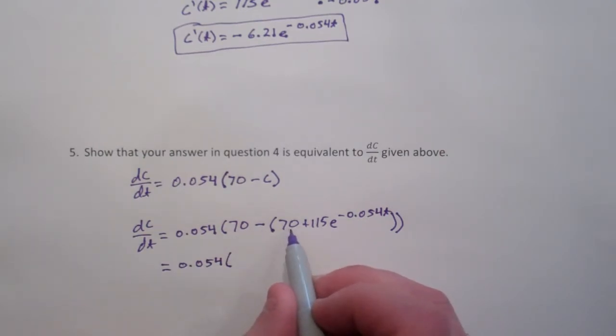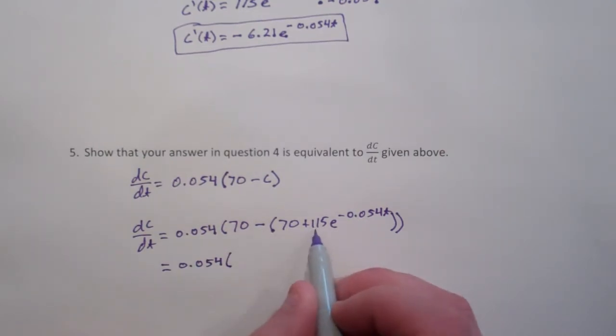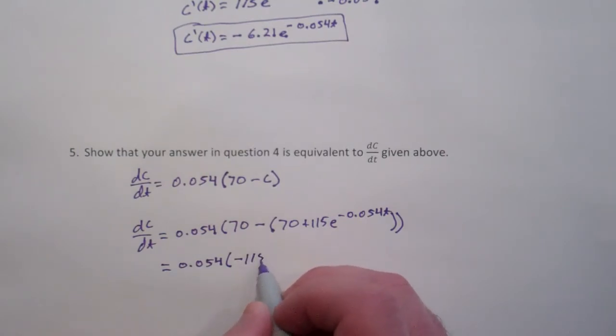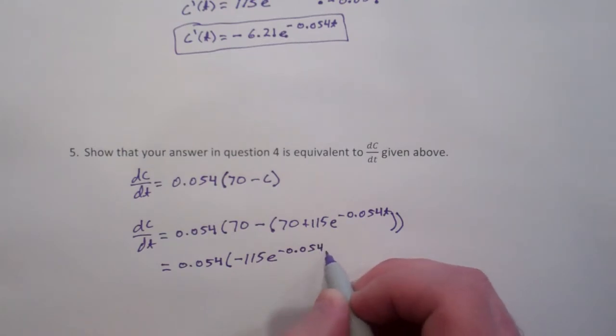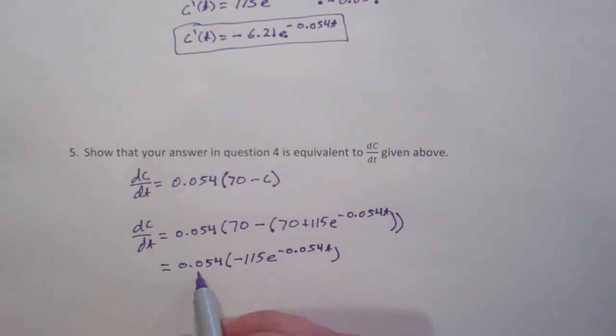We're going to have 70 minus 70, and we need to distribute this negative sign to the 115 here. And then the very last thing to do with this one is to just multiply 0.054 times negative 115. So you're going to wind up with negative 6.21 e to the negative 0.054 t power.